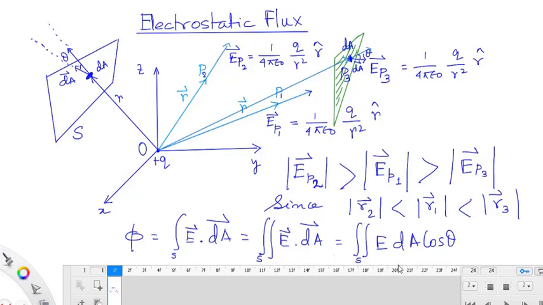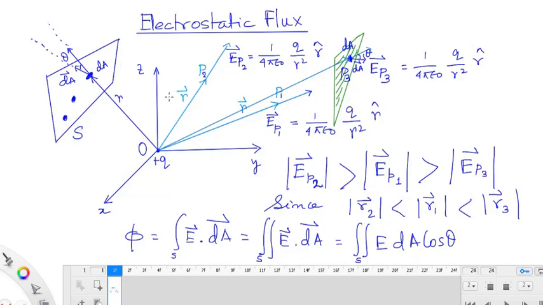This is the flux. Now see, as we change position from here to here to here, the direction of the electric field will change and the direction of dA will also change, so theta will also change, right? So as these things change, you need to find the value at each point and sum them. In this case you have to integrate because it is varying continuously, right?